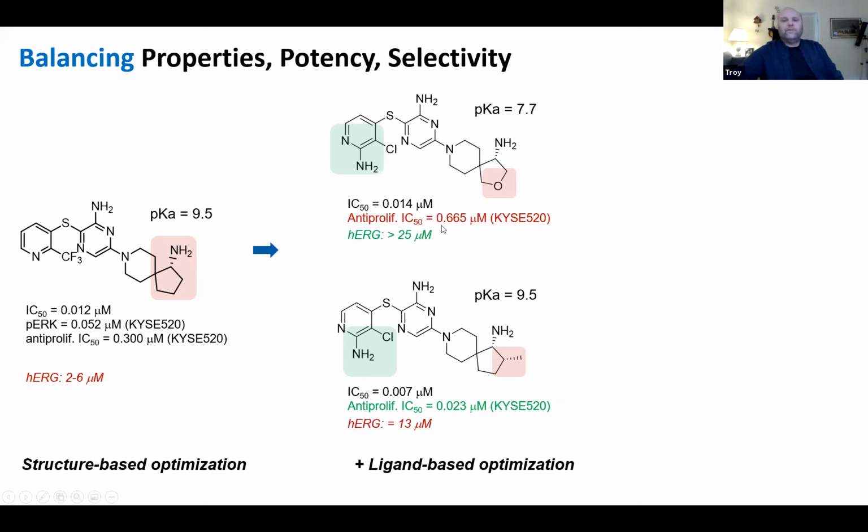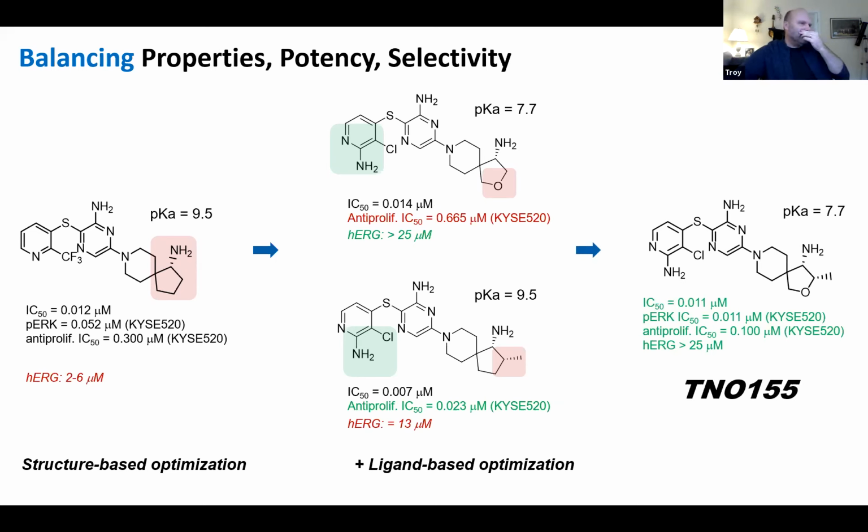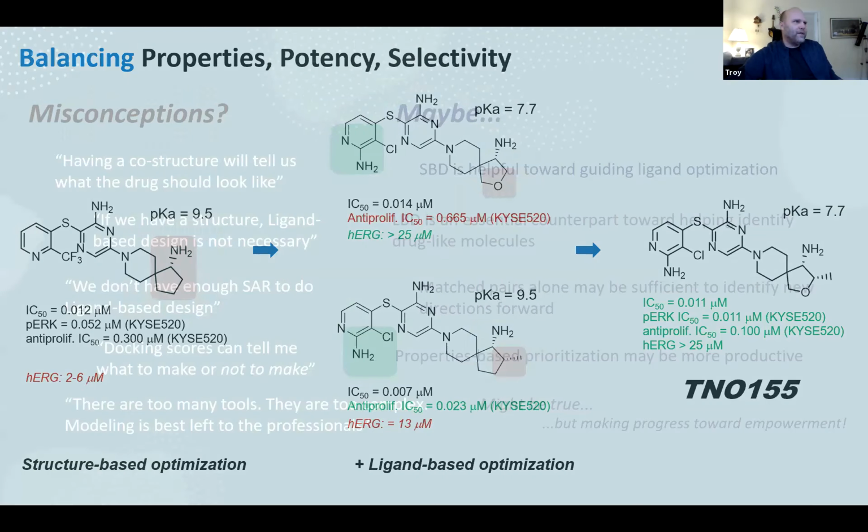So we took that opportunity to improve the properties and decrease the log D of the molecules. Using ligand-based tactics, we were able to come out of the dead end of our structure-based design into TNO155, where we lost the hERG signal, kept significant potency, et cetera.